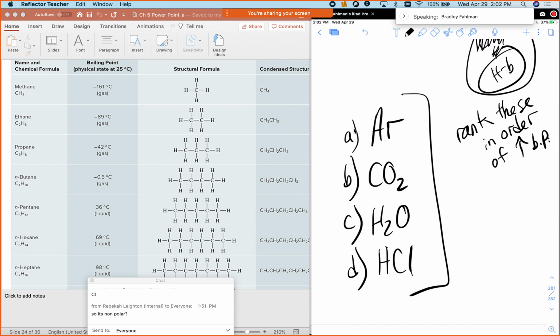What I'm asking in this question really is to rank these in order of increasing intermolecular force. So what you have to do is go down the list and figure out what are polar and what are nonpolar first.